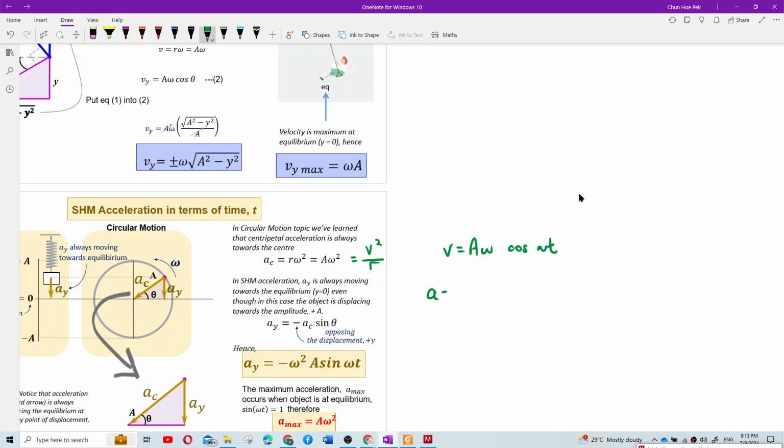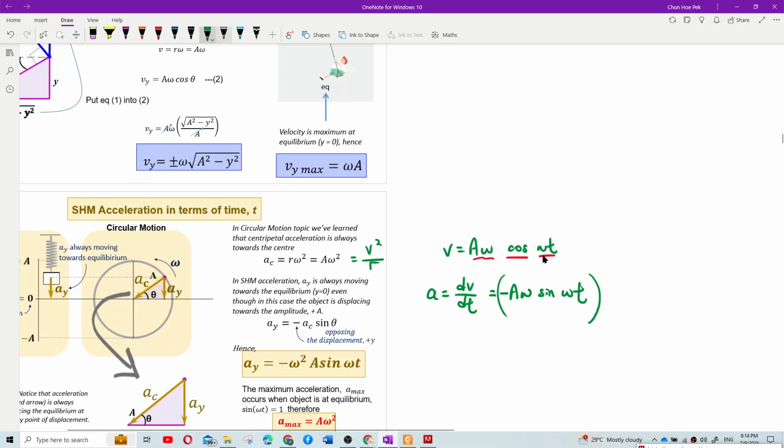So acceleration is dv dt, right? We can differentiate. First we differentiate outside. This A omega is a constant value, so when you differentiate, nothing happens and you still have A omega. When you differentiate cos, we get a negative sign. Then we differentiate inside.